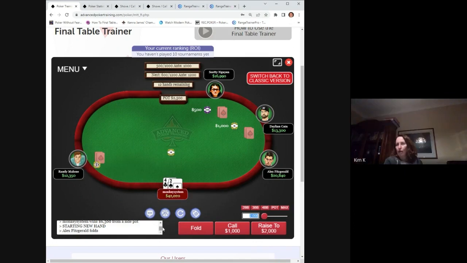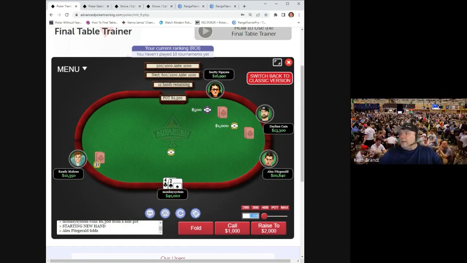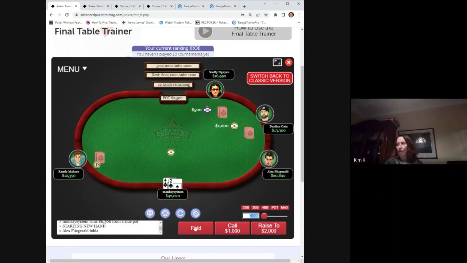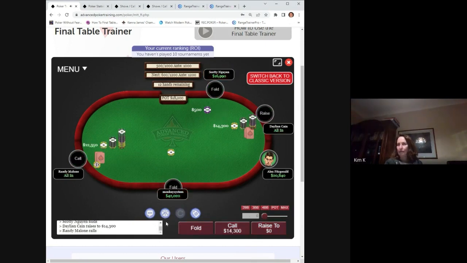Yeah, they all have 12, 13, 16. But if Alex Fitzgerald had like 3,000 or 4,000, was definitely way shorter than the rest, then we can open any 2 here to put the pressure on all the other players. They're all going to fold, waiting for him to go out on his next big blind.